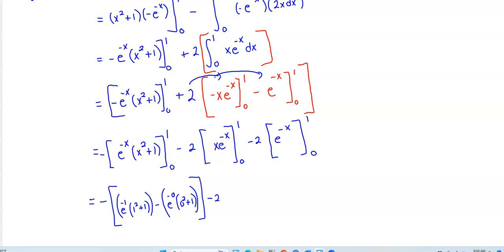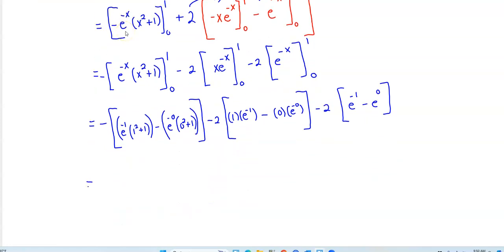And we have minus 2, and this is going to be 1 times e to the negative 1 minus 0 times e to the negative 0, minus 2, and this is going to be e to the negative 1 minus e to the 0.